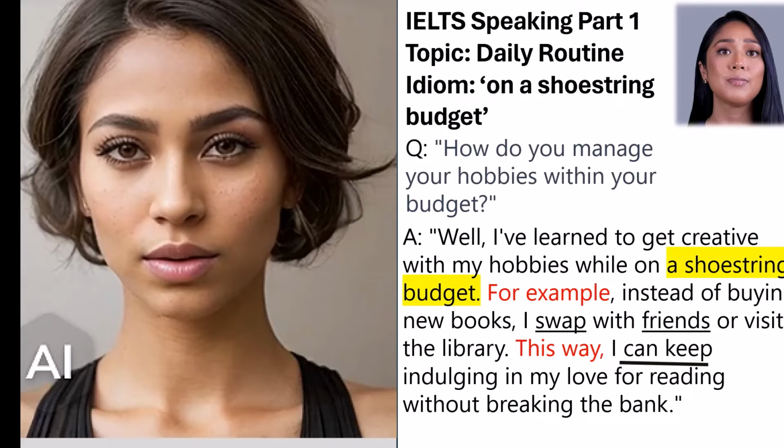The use of linking words, for example "and this way," provides a clear structure to the answer, connecting the speaker's strategy to their financial situation. The explanation demonstrates that the candidate can communicate complex ideas coherently and with grammatical accuracy, fulfilling the criteria for Band 9 idiomatic expression and advanced language use.